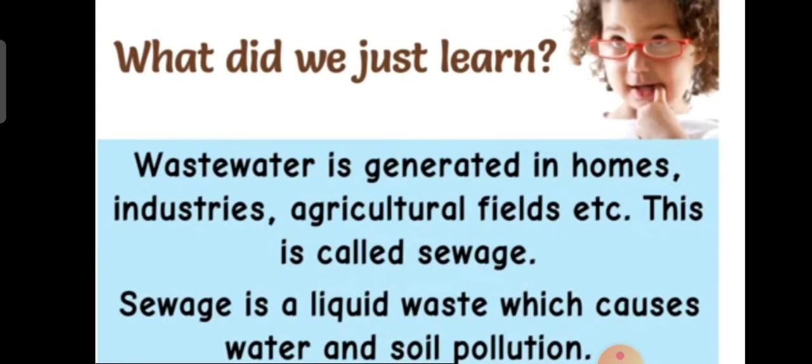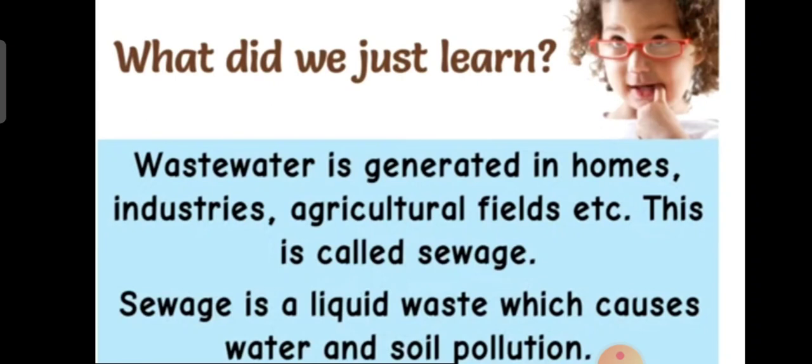Yes, it is clean, but it still has a very low level of organic matter. Means it is clean, but it is not fit for drinking. We can utilize this water for irrigation, for agriculture, in industries, for washing things. So after disinfecting, this water is discharged into the water bodies, in the sea or river.